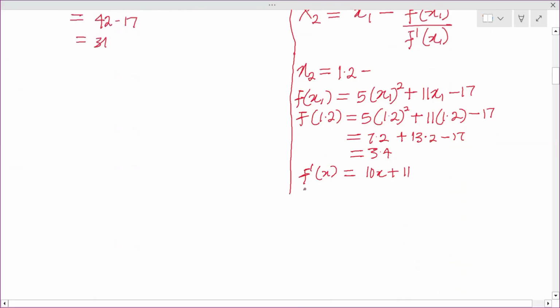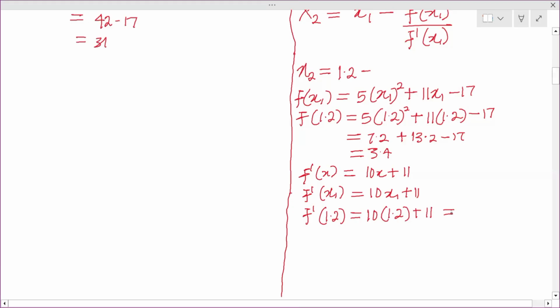So we are looking for f prime of x1 this time around, which will be equal to 10x1 plus 11. Are we together? Okay. So f prime of x1, that is 1.2, will now be equal to 10 into 1.2 plus 11. And when you do that, that should give us 23.